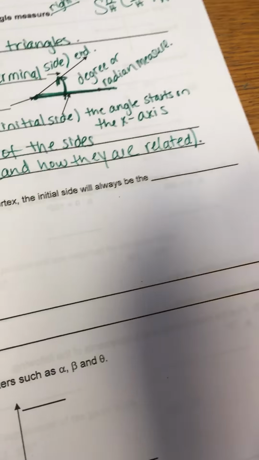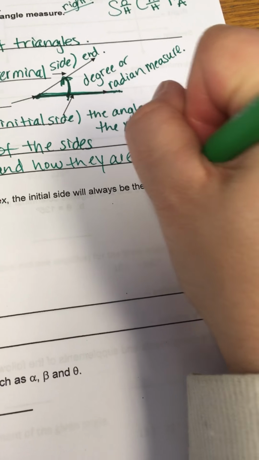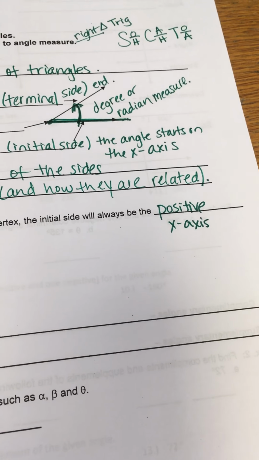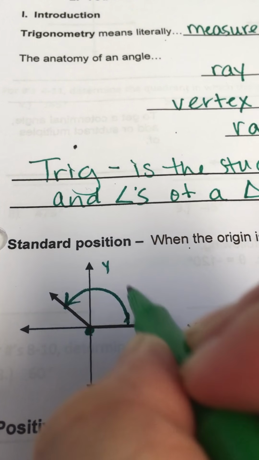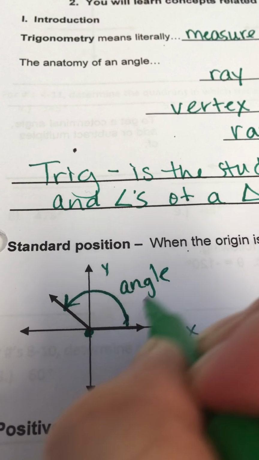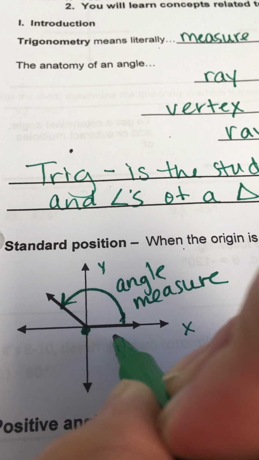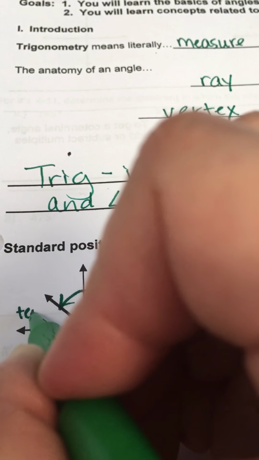And the initial side will always lay on the positive x-axis. Okay, so we start here, and we measure between here and here. That's the angle measure. So this is your initial, and this is your terminal.